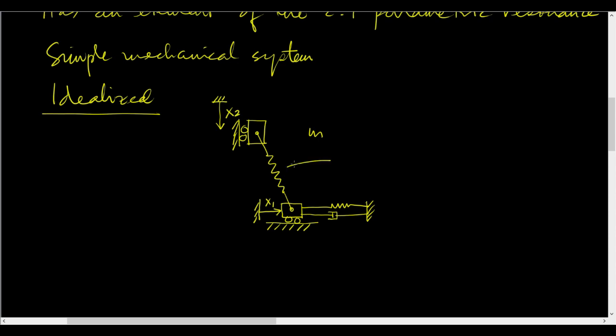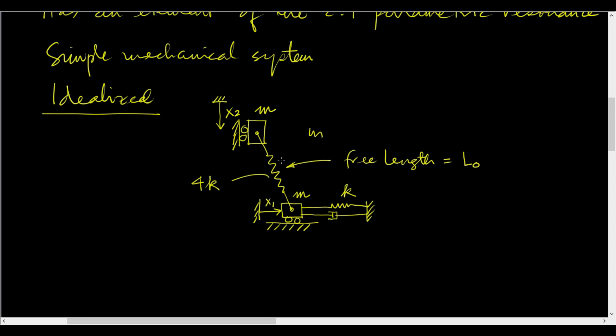The free length is L0. This is a mass m. This mass could be different, but I am giving it the same value. This spring stiffness is K. This could be different, but I am giving it 4K. I could detune it a bit, but I am not doing that.